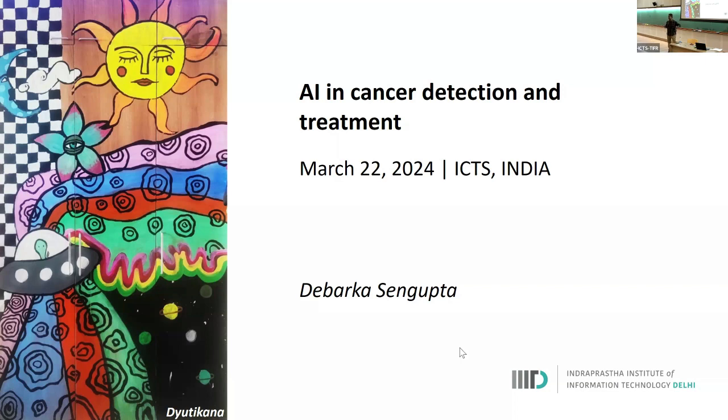I don't want to glorify the methods that we built here, but I want to glorify the fact that many of the major challenges in cancer can be tackled by computer scientists like me or my other team members who never studied a single course in biology in life. Still, we can contribute.